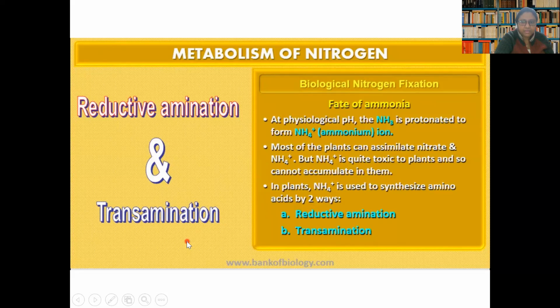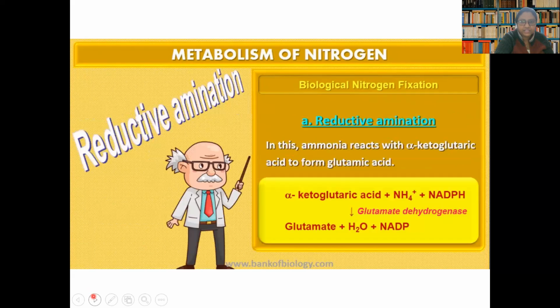Ammonia can be used to synthesize amino acids in two ways. One is reductive amination. How is this done? First is alpha ketoglutaric acid, which is an acid without nitrogen.